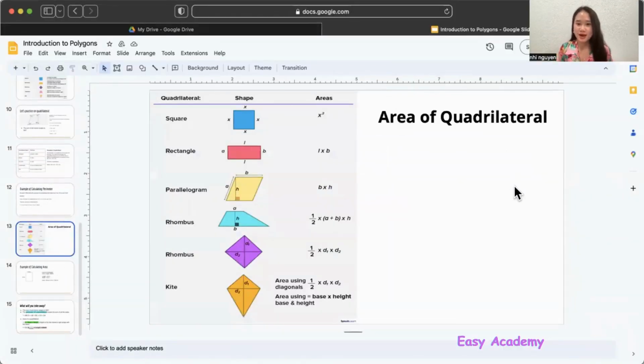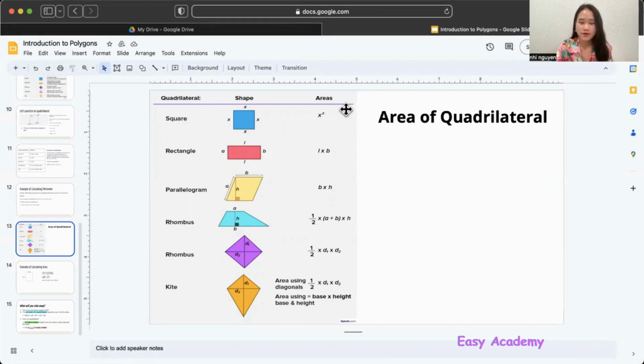Next, let's talk about the area of a quadrilateral. The area equals height times base. Depending on what kind of quadrilateral we have, there is a particular formula to calculate the area.